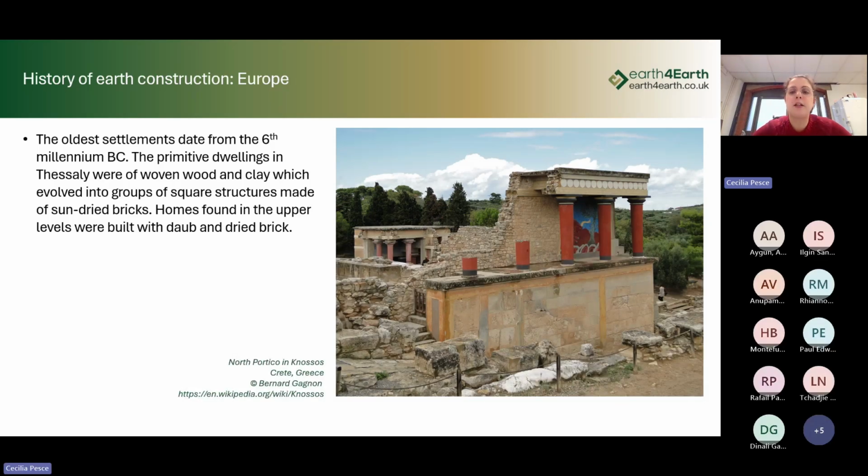Basically, earth was mainly used for residential houses. There are few examples of public buildings made of earth, but here in the picture we have the North Portico in Knossos, and this is one of the few examples where earth was at least part of the techniques used to build it, in combination with the local stone and also lime mortar.